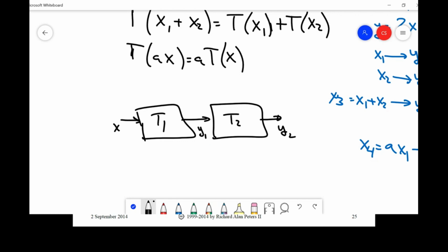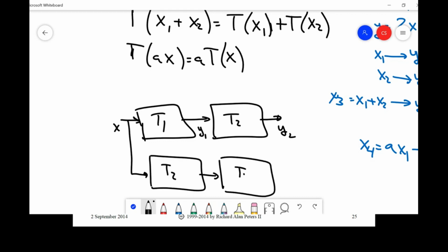And there is a property of linear operators, that they are commutative. So it doesn't matter if I take x, first apply T2, then apply T1, I will get exactly the same thing. This y2 and y2 prime are identical, only for linear operators.